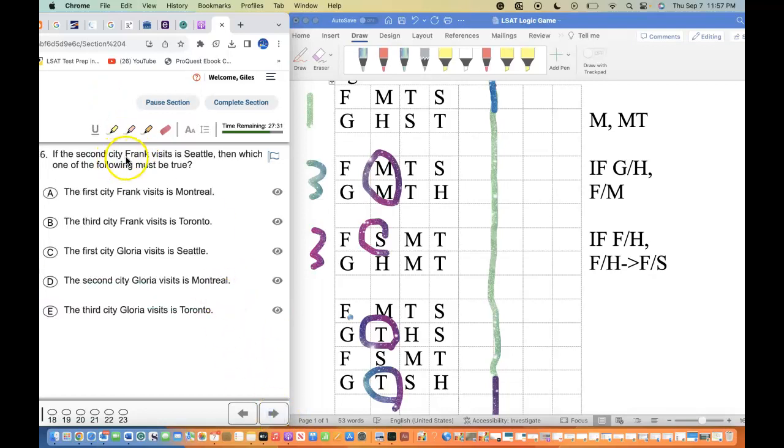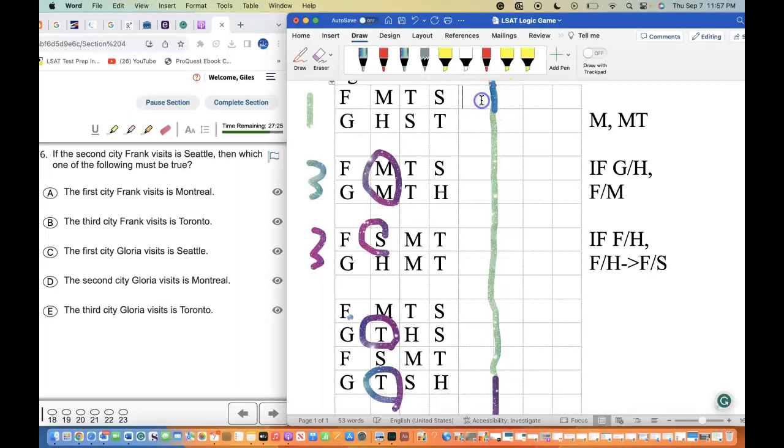If the second city Frank visits is Seattle, I don't see it anywhere here. So let's go ahead and symbolize F, G here. Now, since we're so close to being almost done here, I have Seattle here, which means I'm going to put Montrose here and Toronto here.